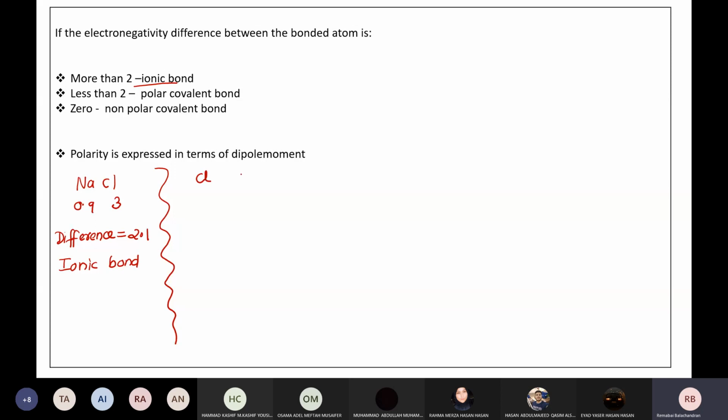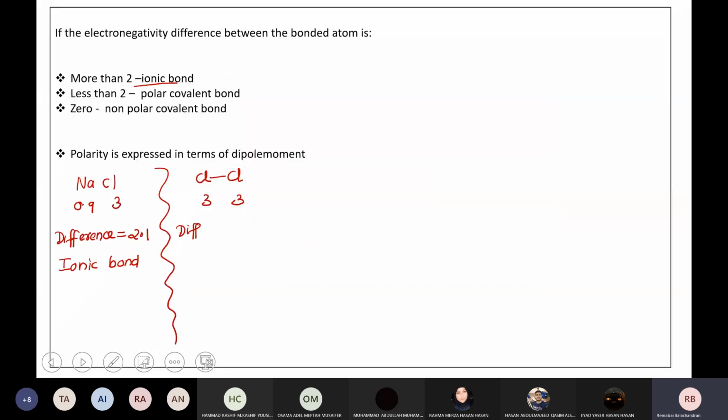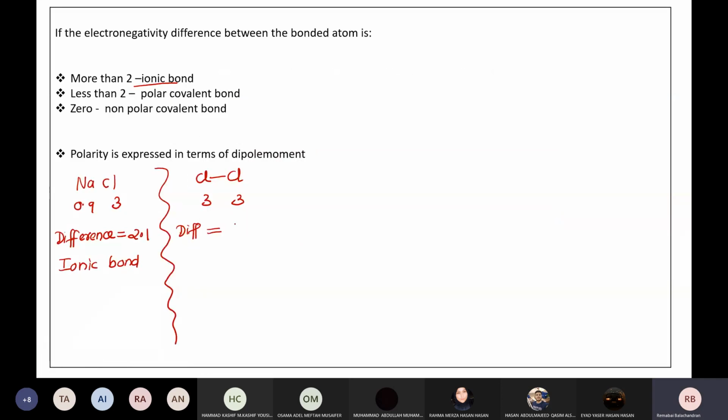Okay, so now suppose you have two Cl atoms, Cl, Cl. The value for Cl is 3, and here it is 3. So what's the difference? Come on. The difference is 3 minus 3, which is 0. Now suppose it is H and H. Again the value for H is 2.1.